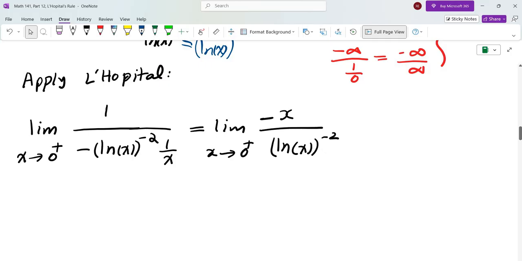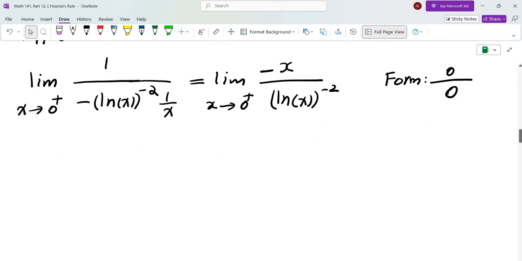Now, if I let x approach 0, I would get 0 on top, and I would get natural log of 0, which is negative infinity again. But when you raise it to a negative exponent, you get 0 over 0. So we can apply L'Hopital's rule again.